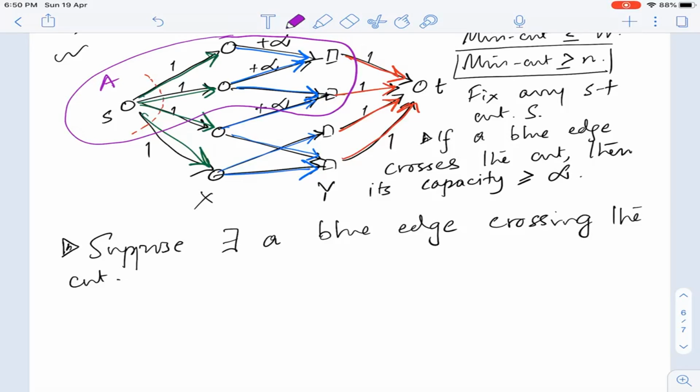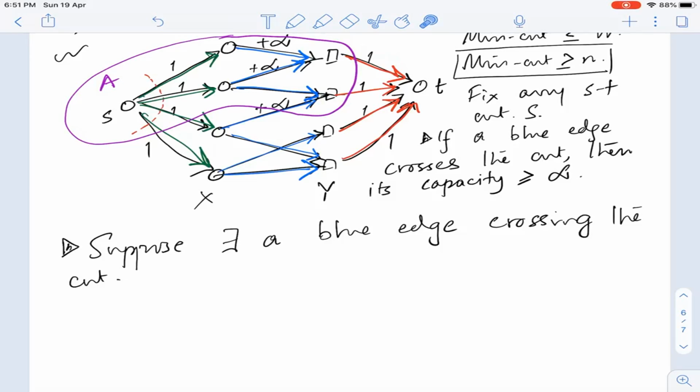So now if you observe, there are no blue edges that are crossing from the A side to the B side. Remember, there might be an edge which crosses from the B side to the A side, but those I'm not concerned about. I'm only concerned with, when I claim the capacity of a cut, the capacity of the edges that are going from A towards B, because that defines my flow between S and T, after all.